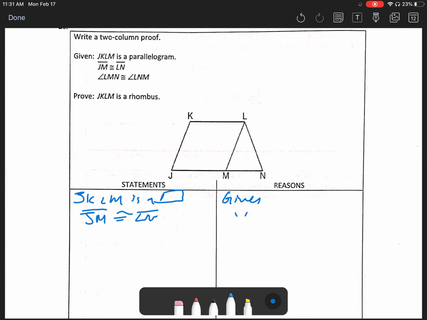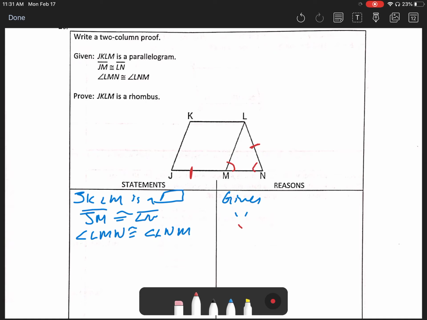I'm going to mark that in my diagram. So it's JM is congruent to LN. And the other thing that is given to us is angle LMN is congruent to angle LNM, which is this angle and this angle are congruent to each other.